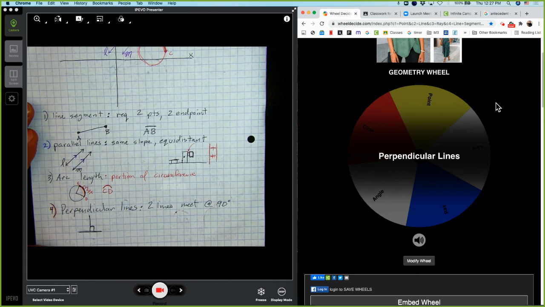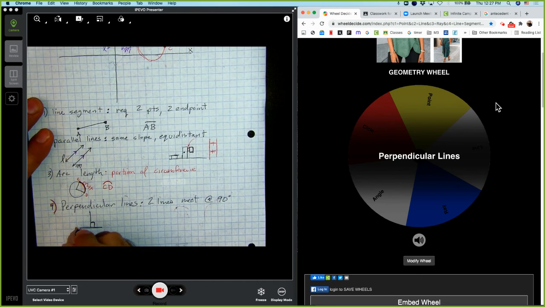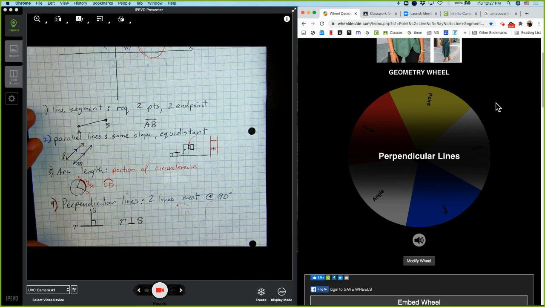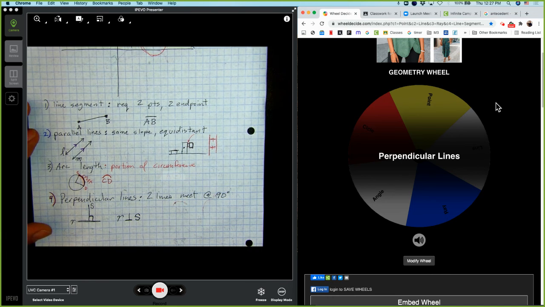And you could say if this was line, let's call this line R, and this is line S, then I would mark that line R is perpendicular to line S. That's how I would mark it. Okay, so it's like the upside down T.